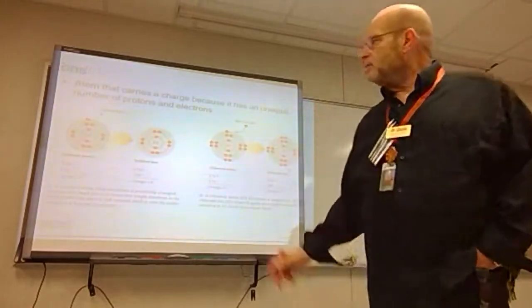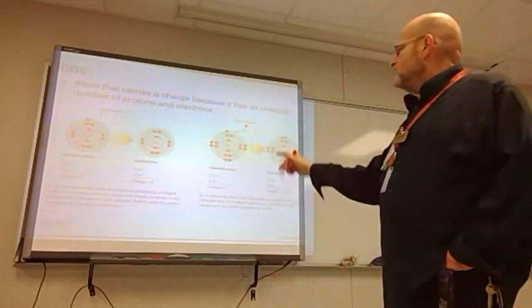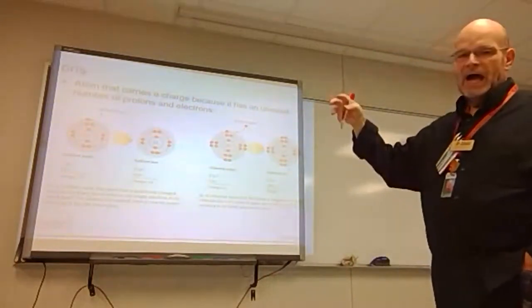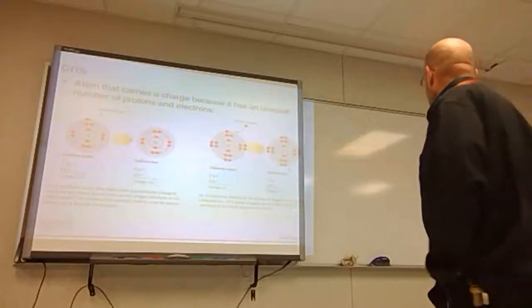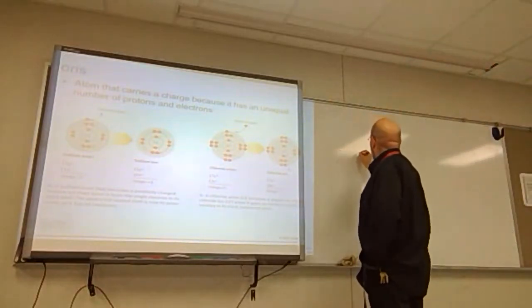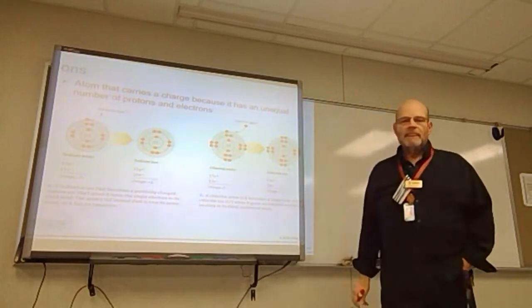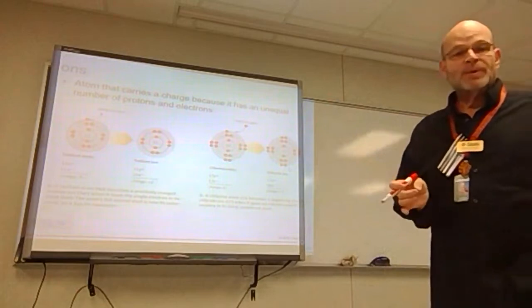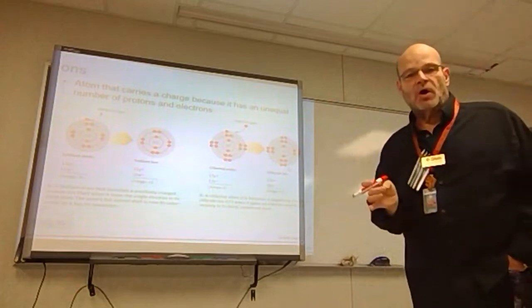Bonds are formed by the interplay of these electrons. This just happens to be a showing of how an ion, something called an ion, forms. All right, so what is an ion? An ion is a special type of atom that actually does have an electrical charge.